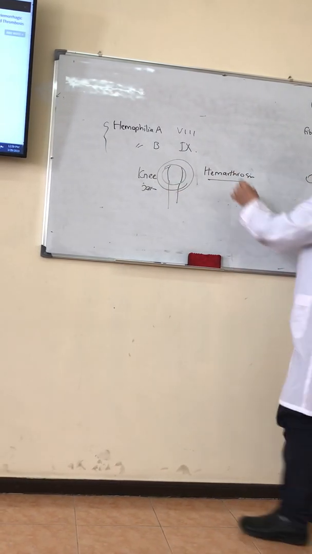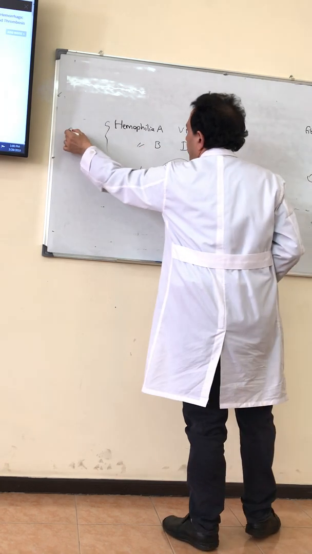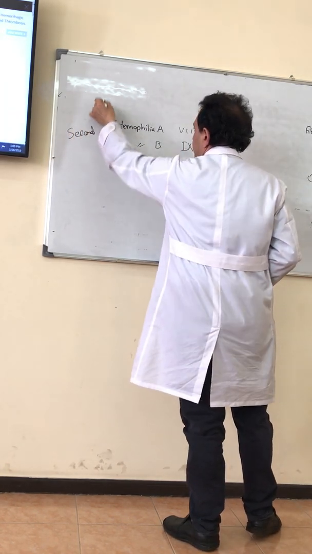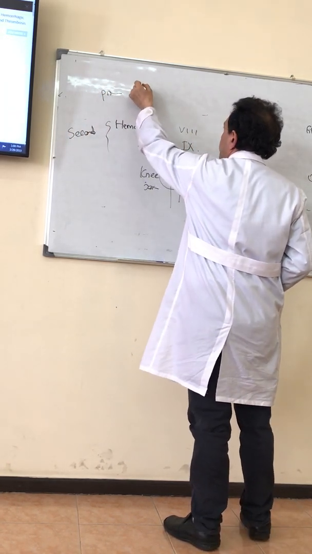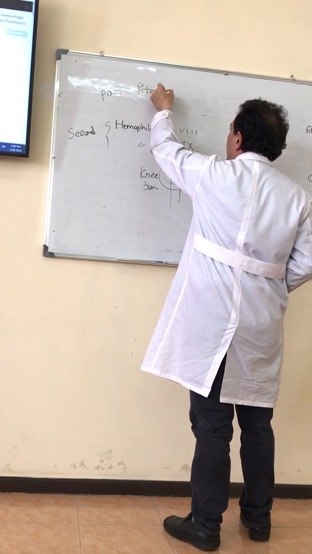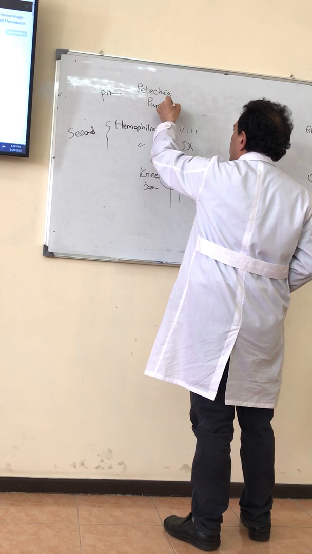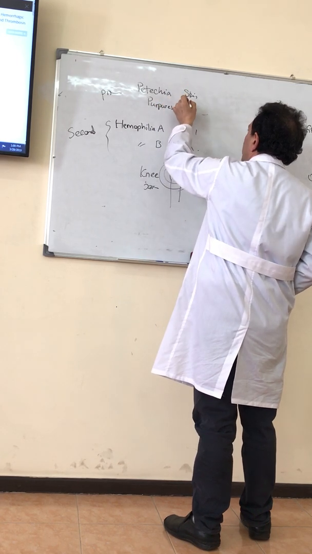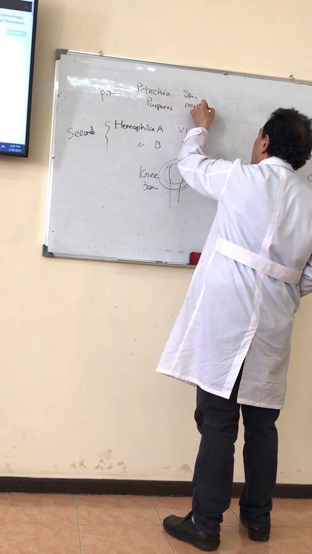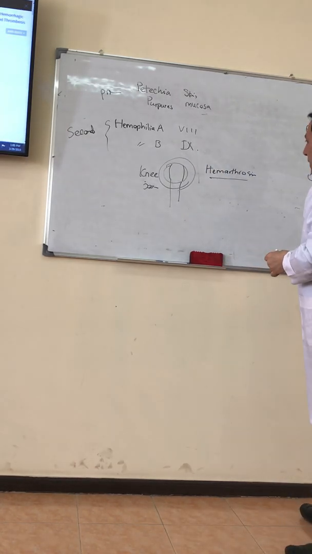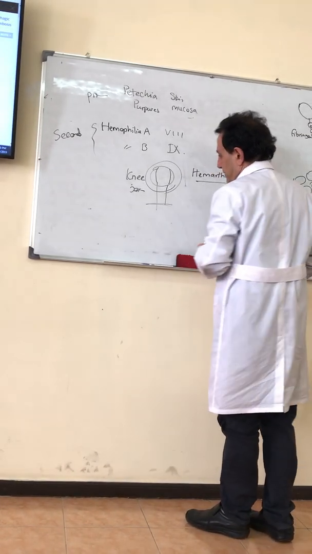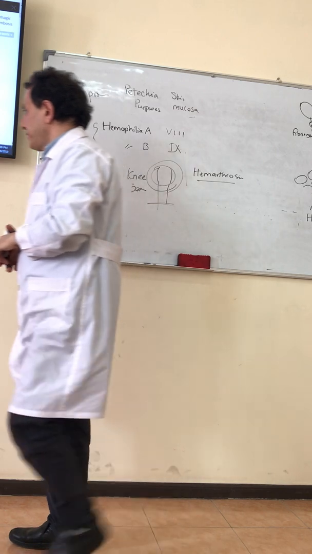But this is for a secondary hemostasis defect; for primary, the patient has petechiae and purpura, small hemorrhages on skin or mucosa. So in secondary defects, there will be hemorrhage in spaces.